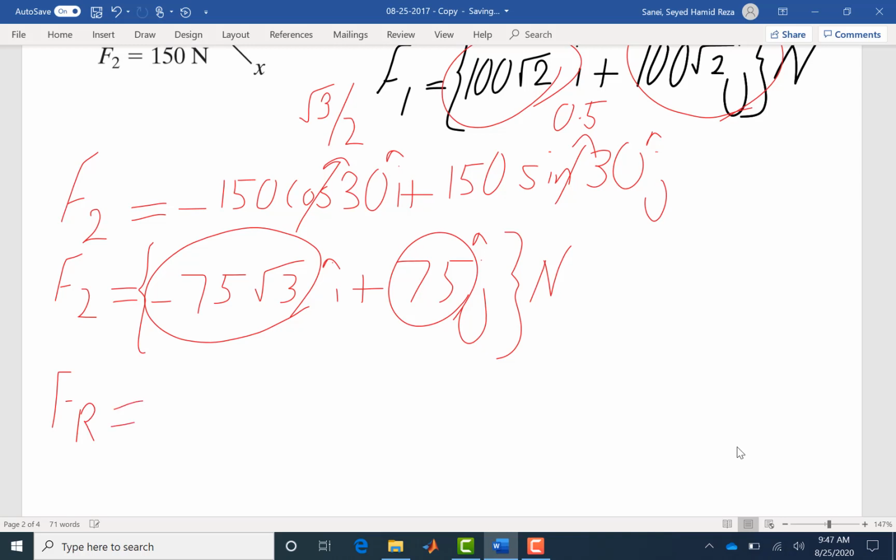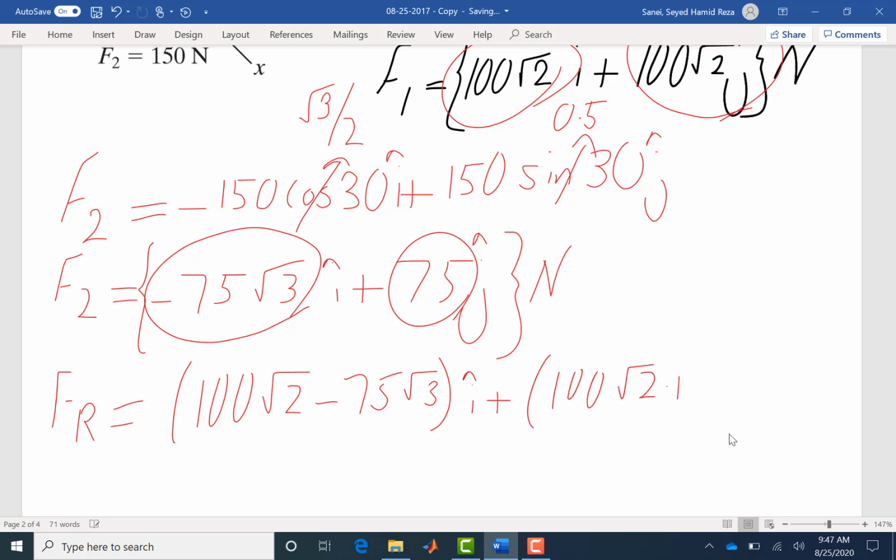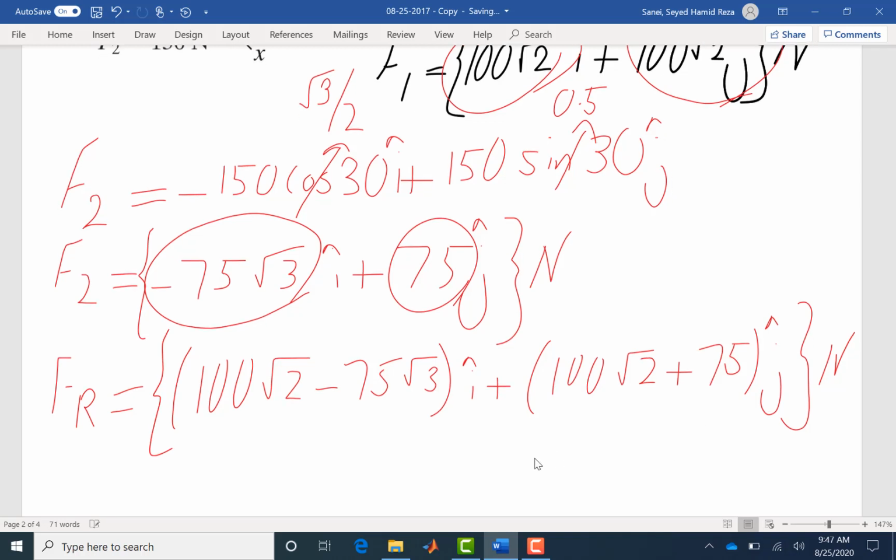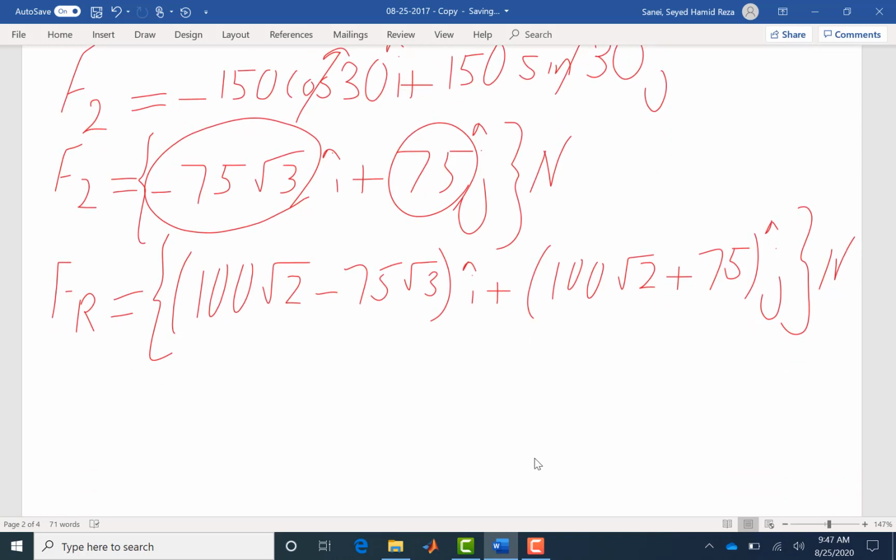FR would be 100 square root of 2 minus 75 square root of 3 i, and the j component would be 100 square root of 2 plus 75 j. Unit Newton. I put all of them in brackets and then Newton. You always need to write the unit system.